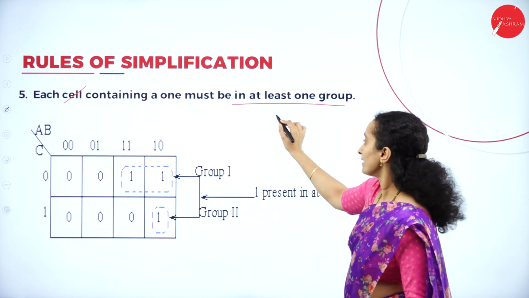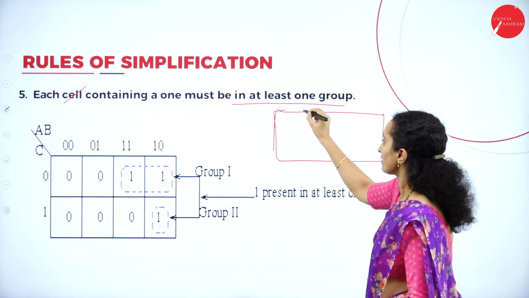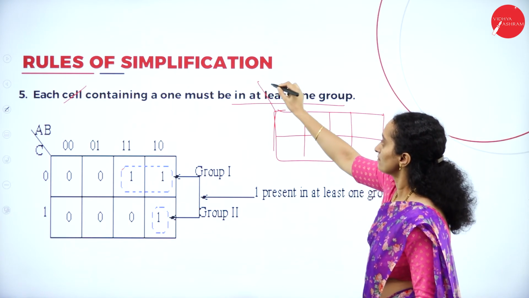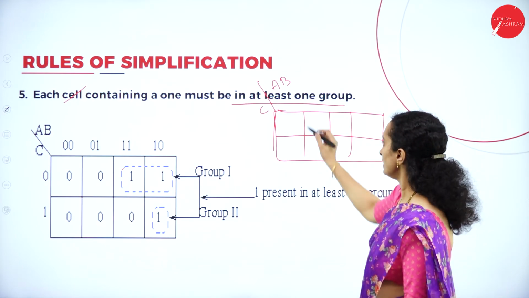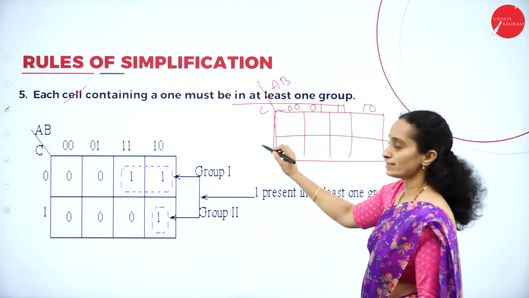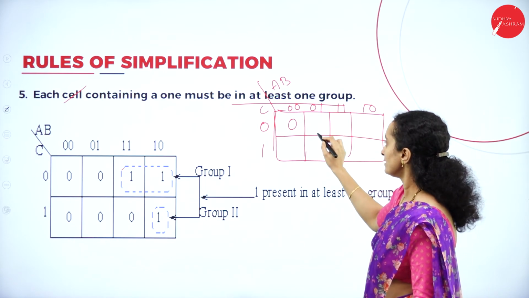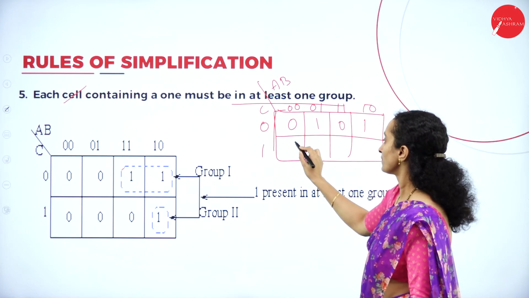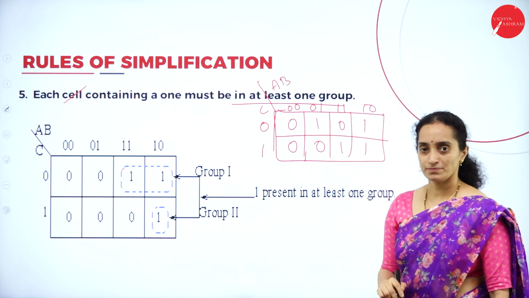Suppose you have another table, A, B, C, here you have 0, 0, 0, 1, 1, 1, 1, 0, 0, 1. If you have ones like this, 0, 1, 0, 1, 0, 0, 1, 1.